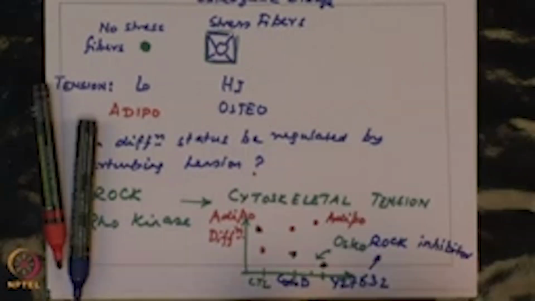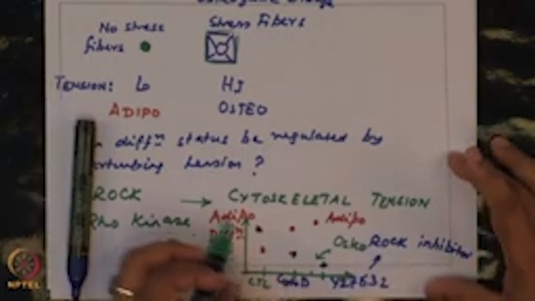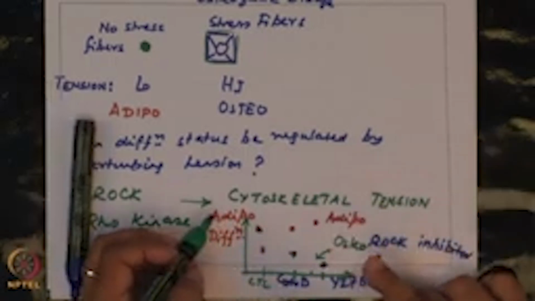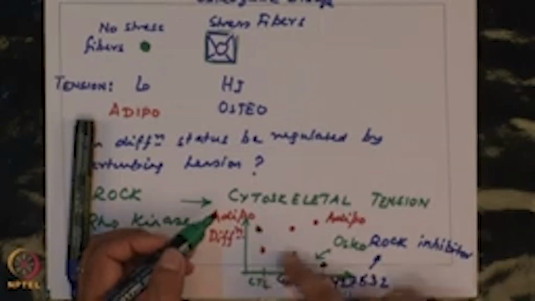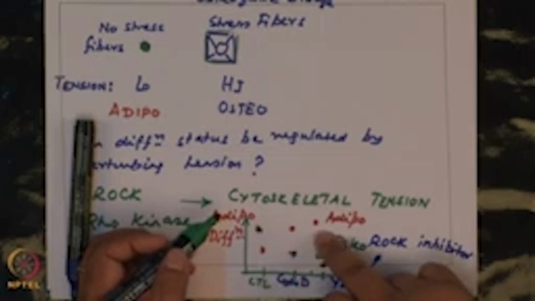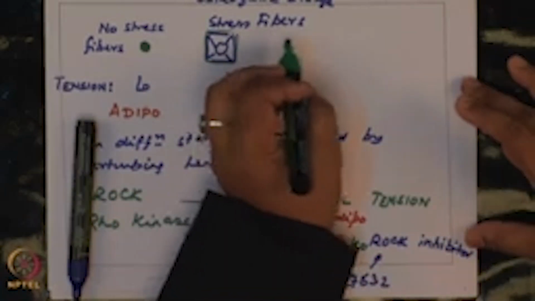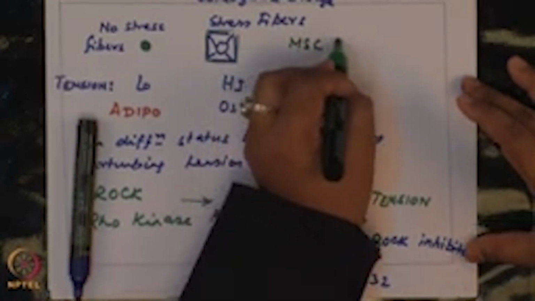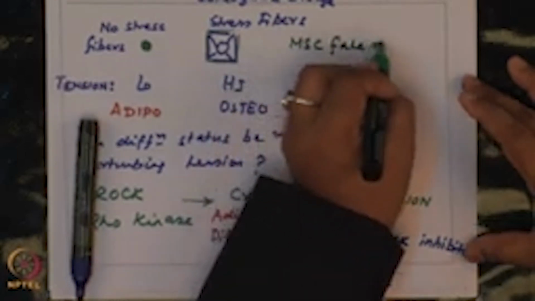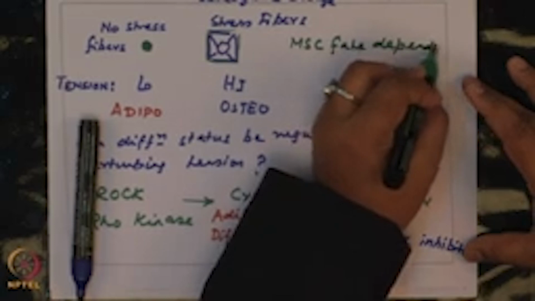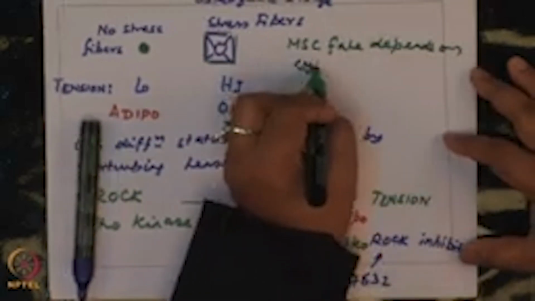If you lower the tension, your osteogenic differentiation drops. If you lower the tension, then your adipogenic differentiation increases. So, these results show that MSC fate depends on cytoskeletal tension.